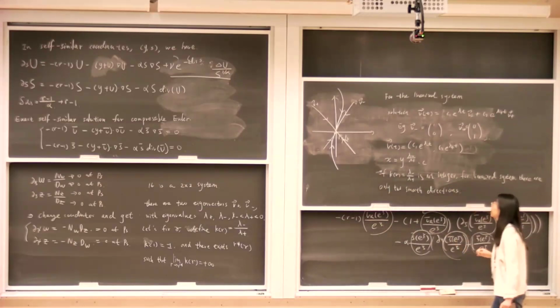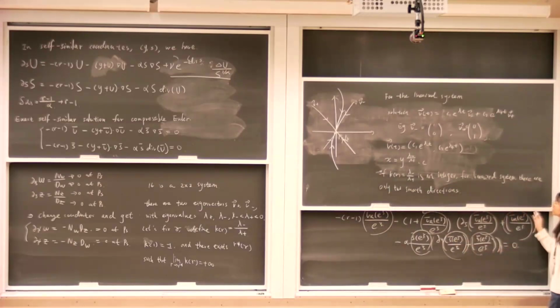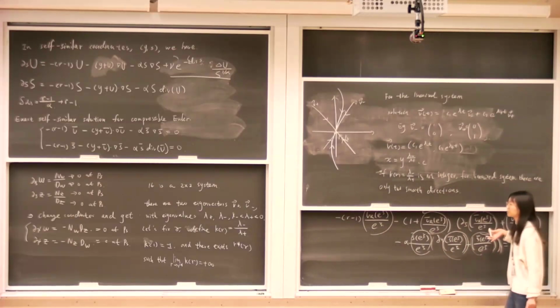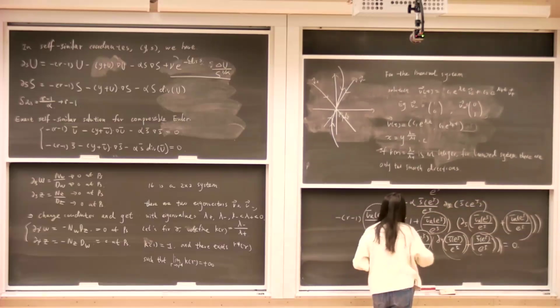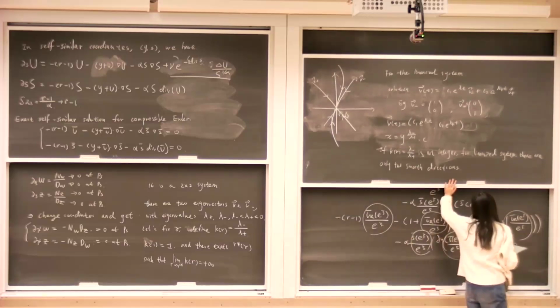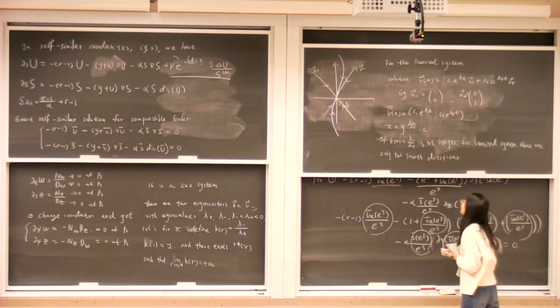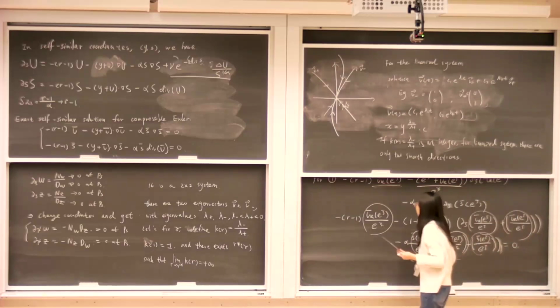Of course, you may want to ask what happens if it's an integer. Well, this is for the linearized system. For the nonlinear system, the integer case will not be good because we will write down the recursion formula, and this will give you a denominator equal to 0 in the integer case.